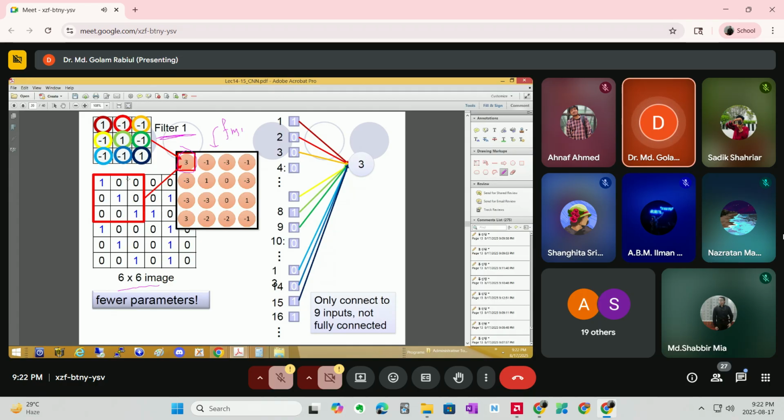So the input here is 1, 0, 0. We can say 1, 2, 3, 4, 5, and in this way 36 total for the input image.